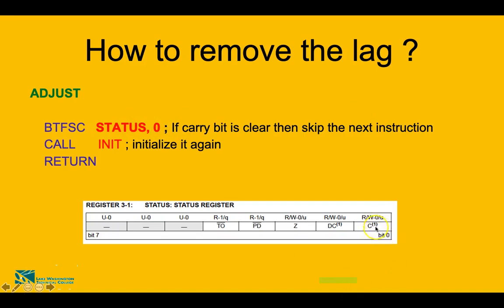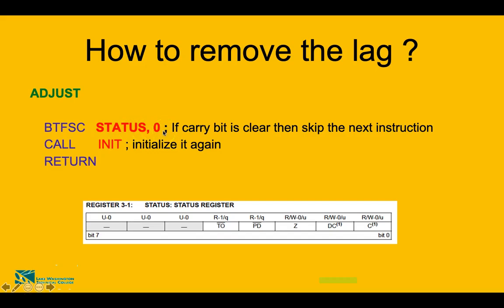The 0 bit is our carry bit. So it is checking the carry bit, and what it is saying is bit test f, skip if it is clear. So if the carry bit is 0, skip this step and go to return. And if it is not 0, then call init, or you can say initialize it again. So what it is trying to do is check the carry bit.